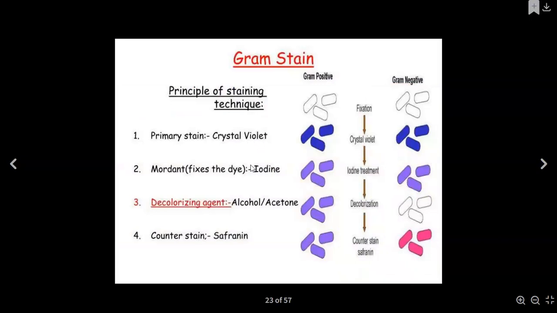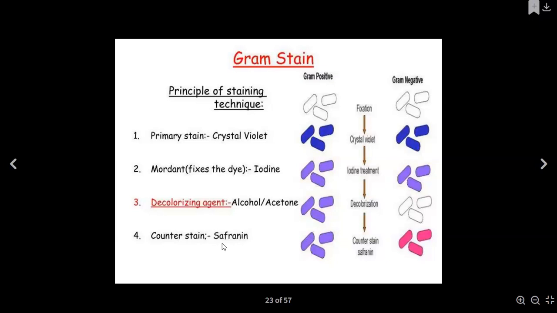Then there's a mordant, which is iodine; it fixes the dye. It makes sure that the crystal violet has really been absorbed or taken up. Then there is a decolorizing agent, which is alcohol or acid. And lastly, a counter stain.